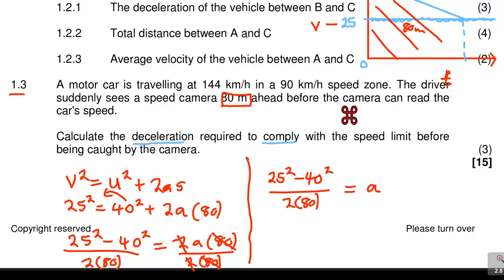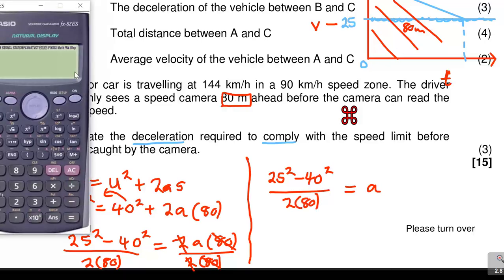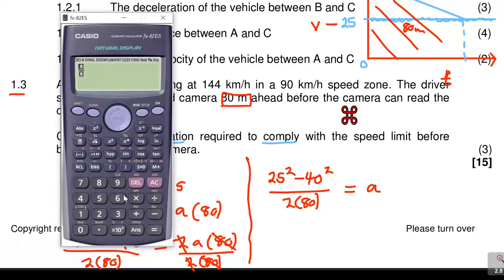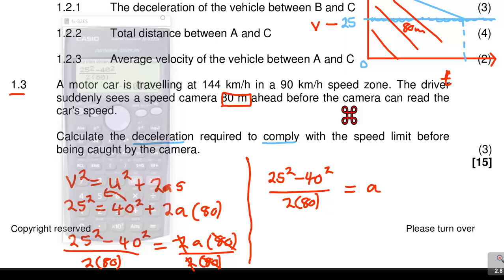You can already keep using your calculator, like what is 25 squared, what is 40 squared, but sometimes it is also easier to use the calculator once, like that, so that you don't have to keep on writing lots of numbers. That's what I prefer. And when you do that, you get acceleration is minus 6.09394, to 2 decimal places, minus 6.094.